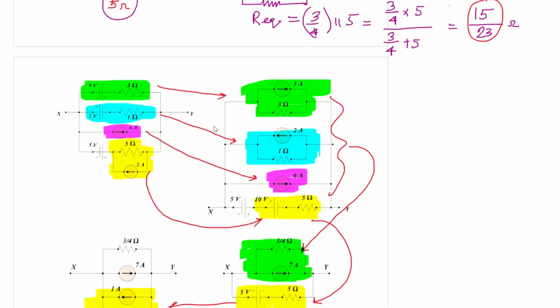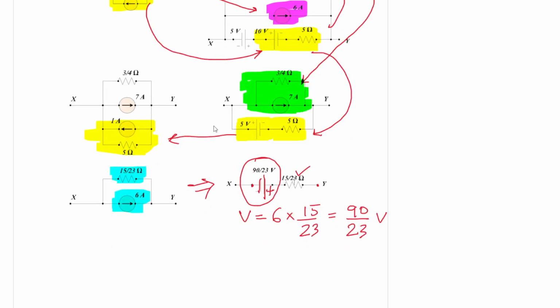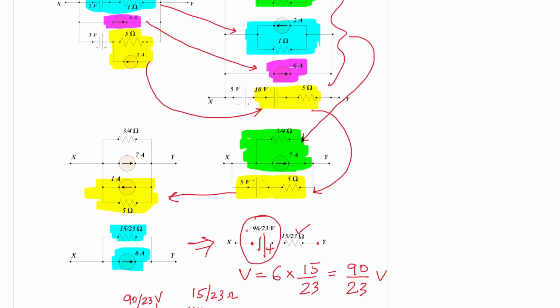Using this source conversion technique, we are able to reduce this very complex network to its simplest form, a voltage source in series with a resistance across the terminals X and Y. This voltage source is 90/23 volt, and this resistance is 15/23 ohm. So this is called the source conversion technique.